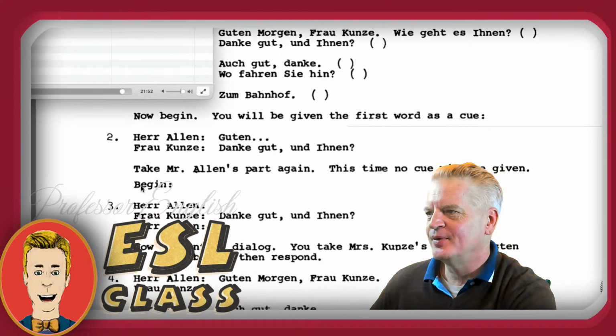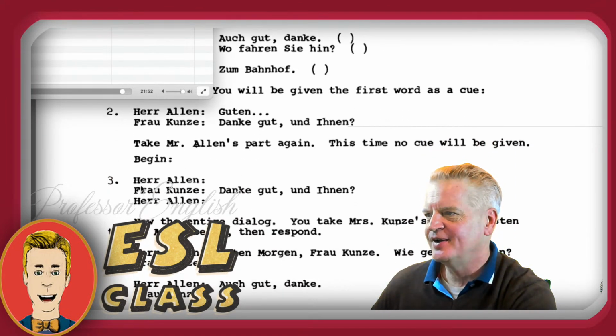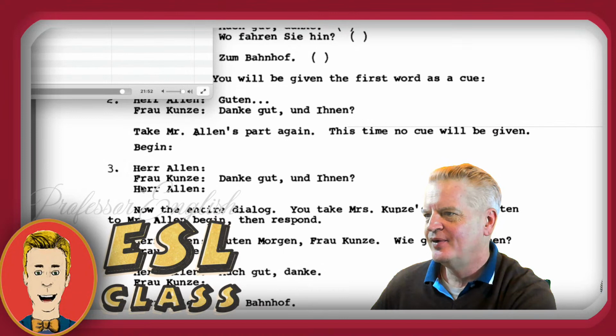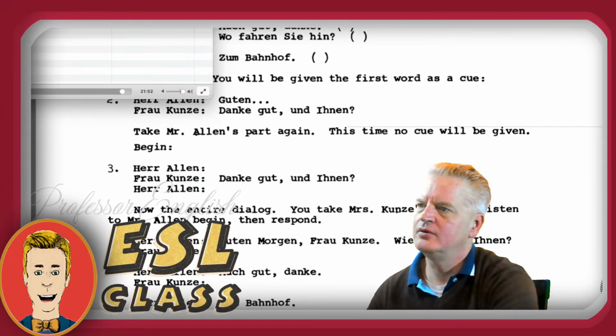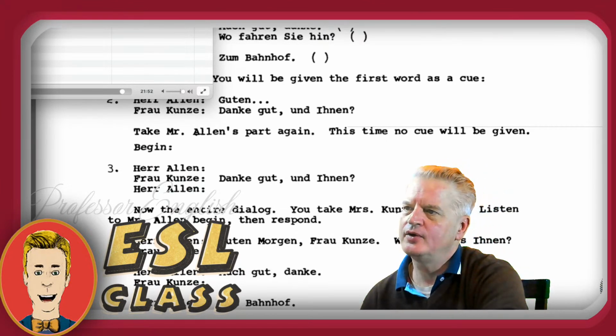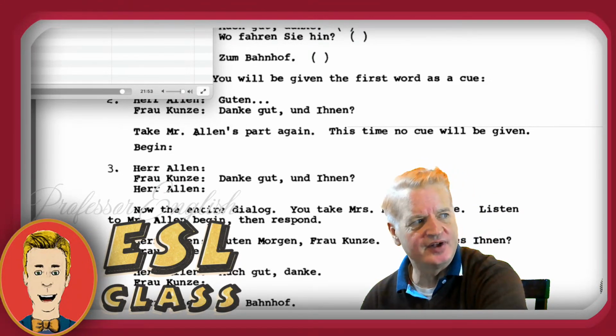Okay, now we're Mr. Allen again, and I don't remember what to say. Danke gut. Und Ihnen? I guess he says, where are you going? Wo fahren Sie hin? Oh, no. Auch gut. Danke. That's the answer. That's what he says.